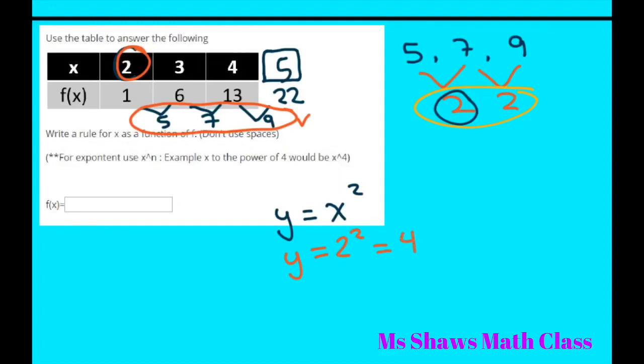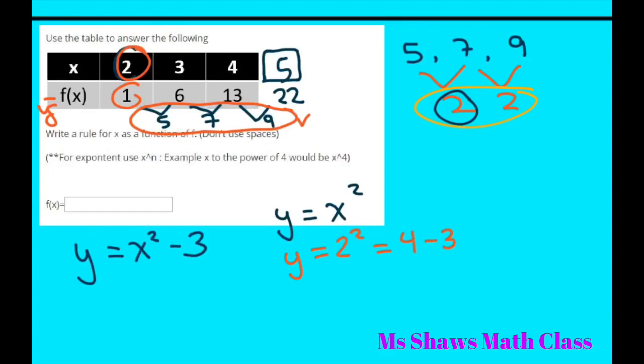And we really need a 1. This is really like your y here. To do that, you'd have to subtract 3. From that, I'm going to make a conjecture and say, let's try y equals x squared minus 3.